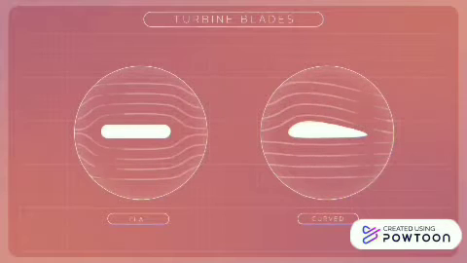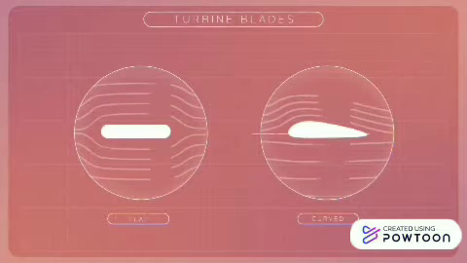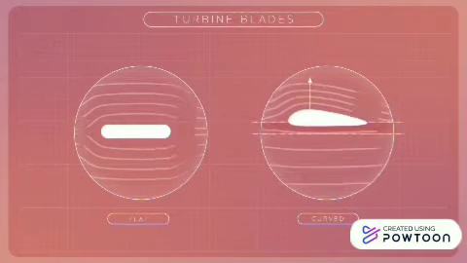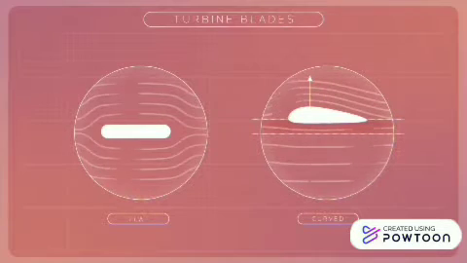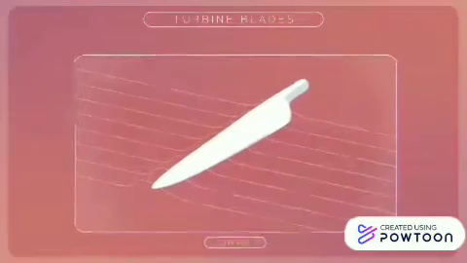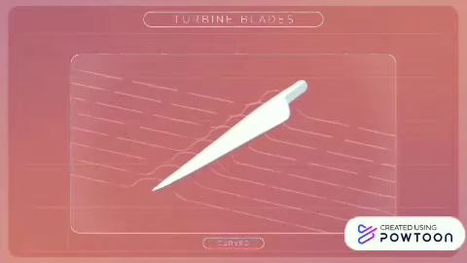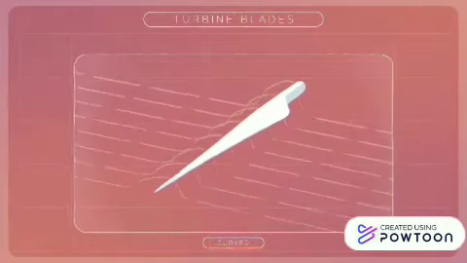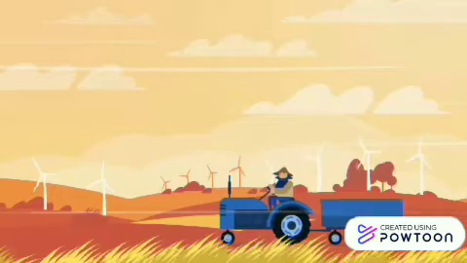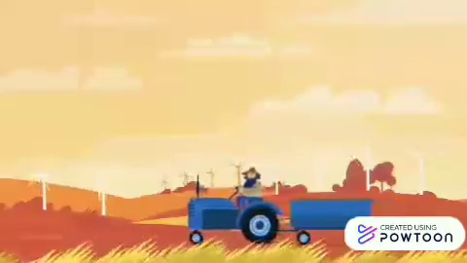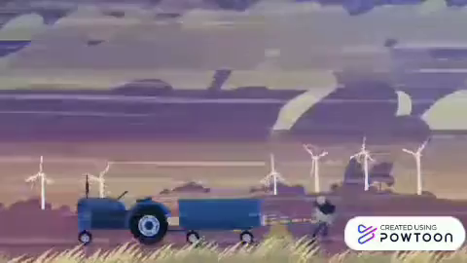Since the amount of lift depends on the angle at which the wind is moving relative to the blade, modern blades also incorporate a twist, optimizing how much of the blade can cut into the wind. Made of fiberglass and resin layers, these blades are strong enough to operate through rain, lightning, and blistering sunlight for over 20 years.